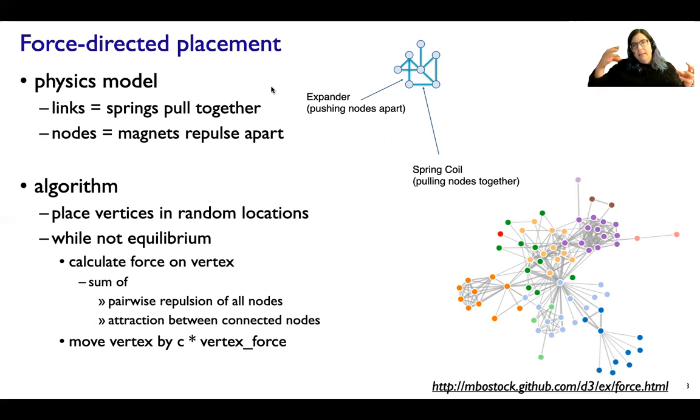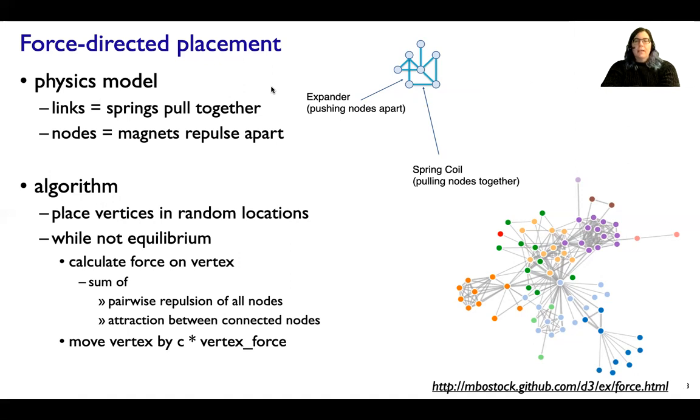You think of links like springs that are trying to pull things together, like literally, if you took a spring and connected things. But the nodes are trying to repel each other, so think of the nodes like little magnets that have repelling forces. Of course, every time they're connected by a spring, they're getting drawn together. So the magnets are pushing away from each other, but the springs are drawing them together. And so you really do think of this graph layout as just trying to simulate the physics of how these springs and magnets would interact.